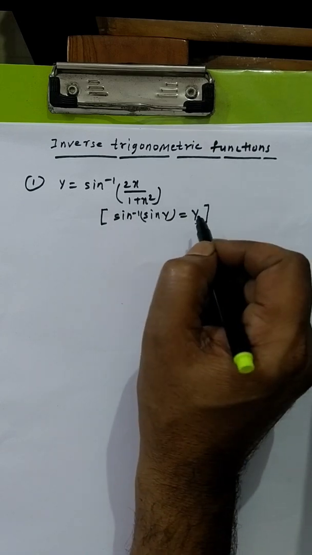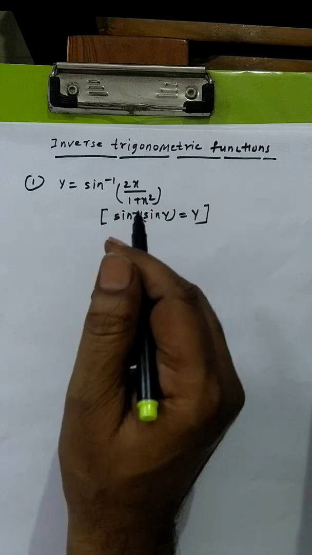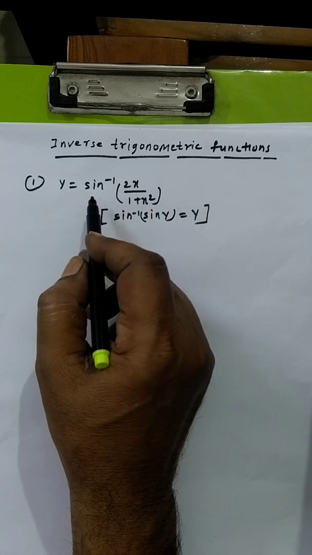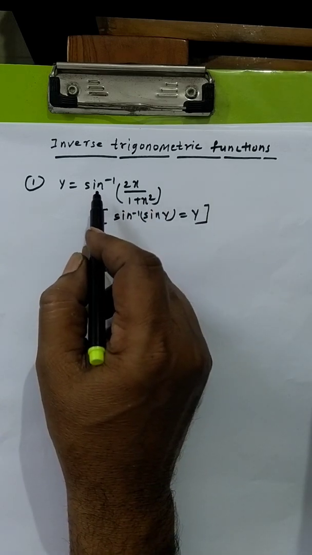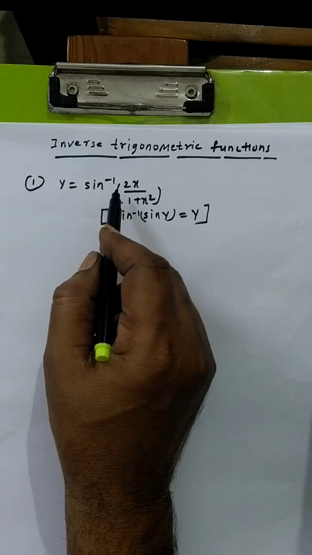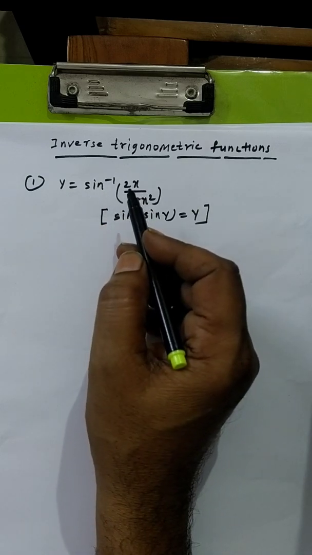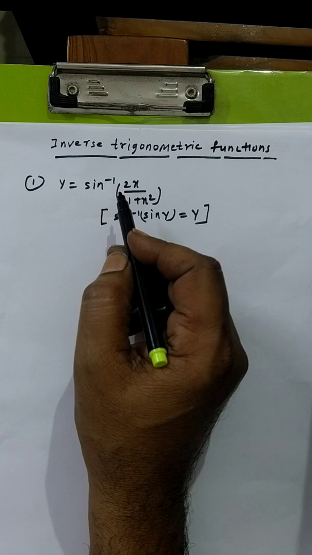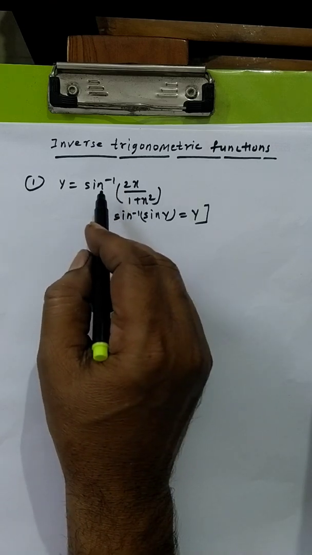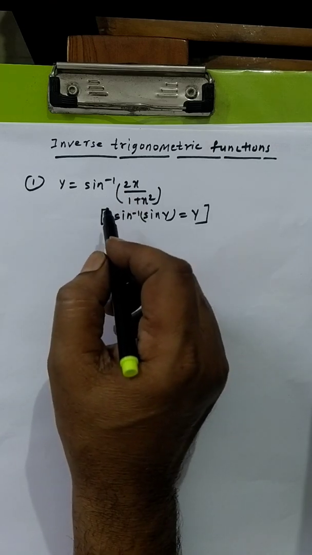Already we have made use of this form in inverse trigonometric functions. If it is cos inverse, then we convert into the form cos inverse of cos y, or if it is tan inverse of tan y. So in all cases we have to go for trigonometric substitution.